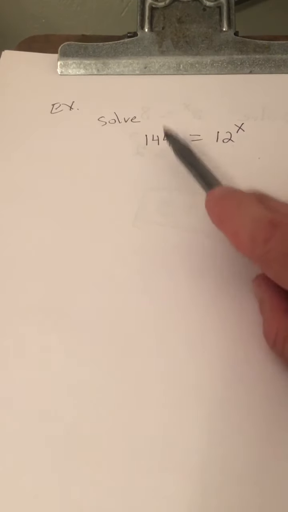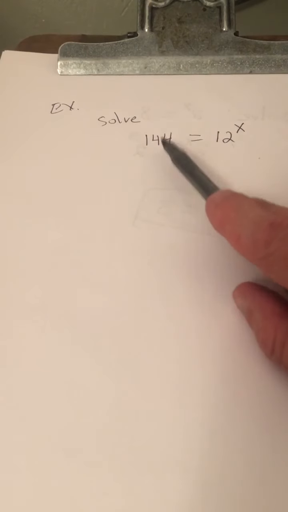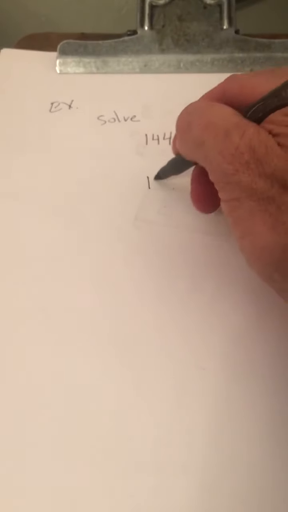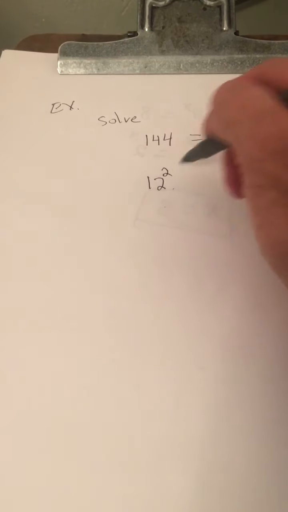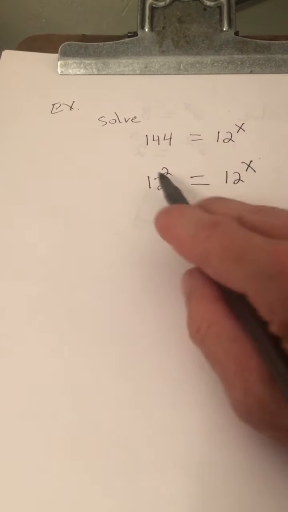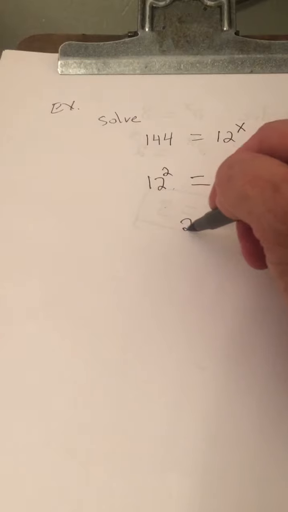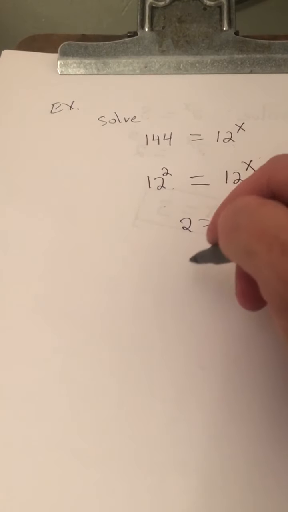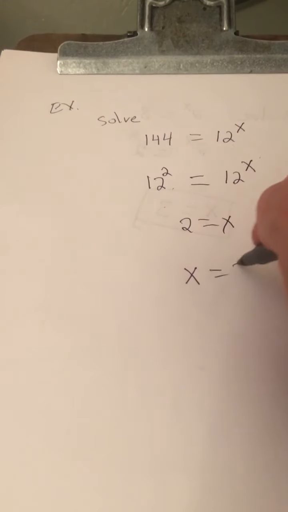With the left-hand side, 144, I can rewrite 144 with the base of 12. Isn't 144 12 squared? Perhaps you remember your perfect squares. 12 squared is equal to 12 to the x. So again, using the one-to-one property, we see 2 is equal to x, which is the same thing as saying x equals 2.